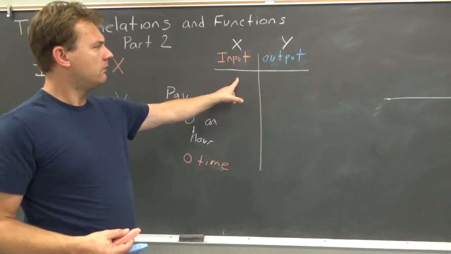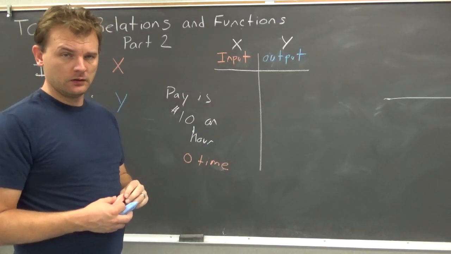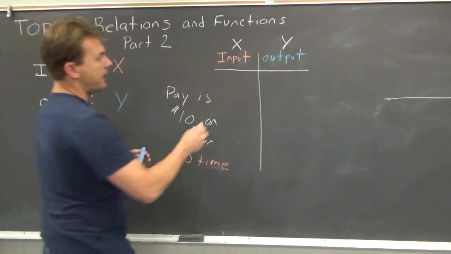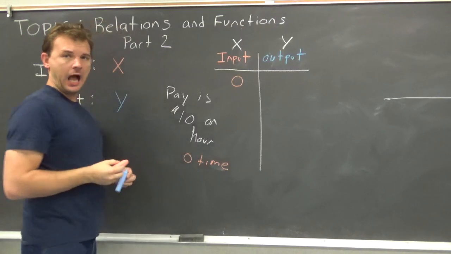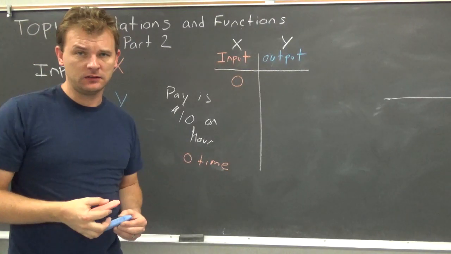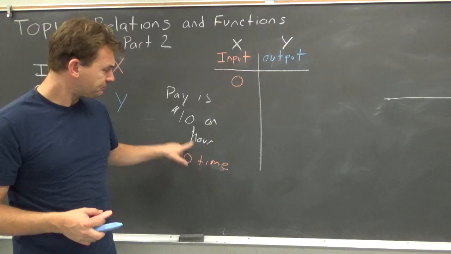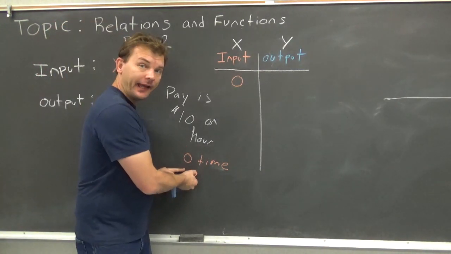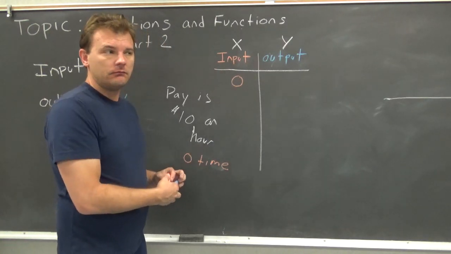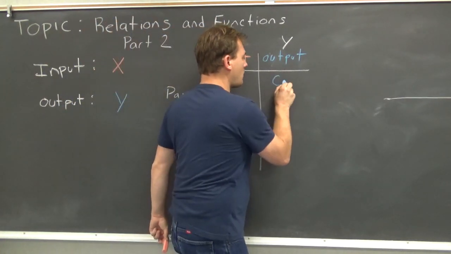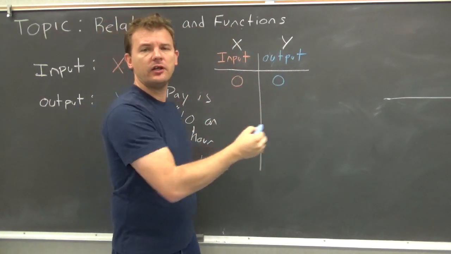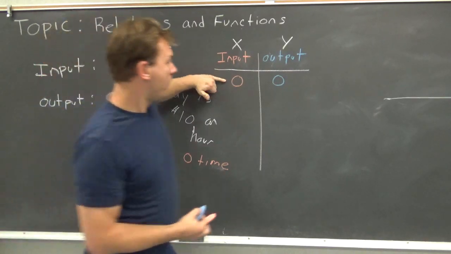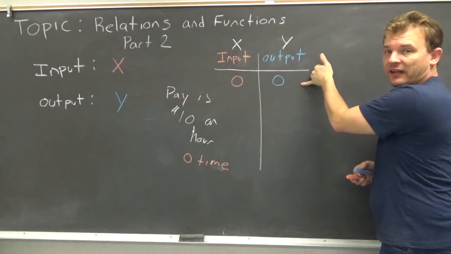Come up to your T table, and why don't we put our input at 0? How much money have you made? Well, if I put in 0 time, if I'm getting $10 an hour but haven't put any time in, my output is going to be 0, because I haven't worked. So I put in 0 time, and I get nothing.